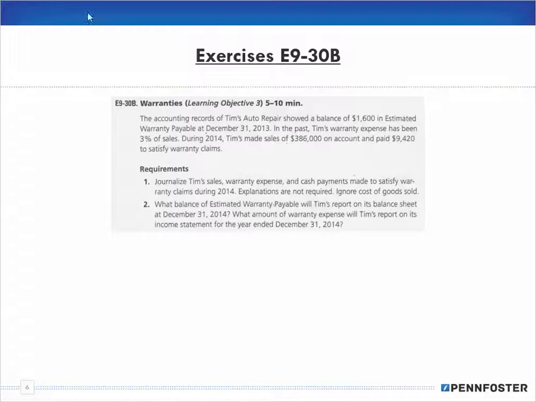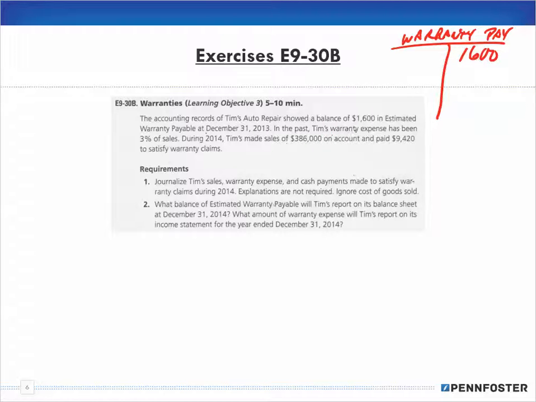Okay, so for this video, exercise 9-30, it says here, the accounting records of Tim's Auto Repair showed a balance of $1,600 in warranty payable at December 31st, 2013. So I have warranty payable, and it has a balance of $1,600 in it on December 31st.